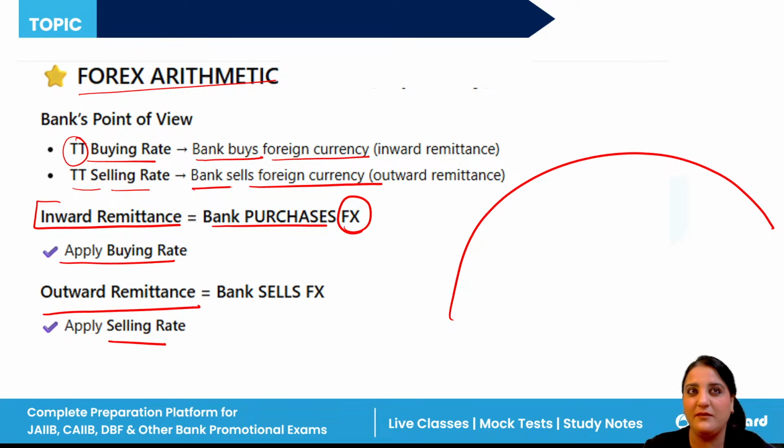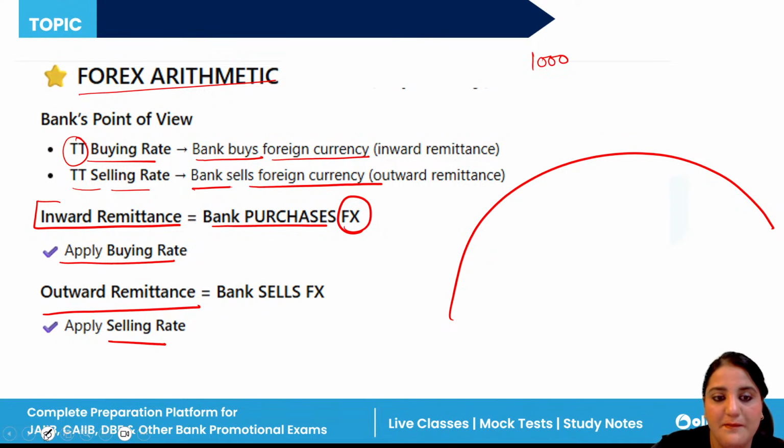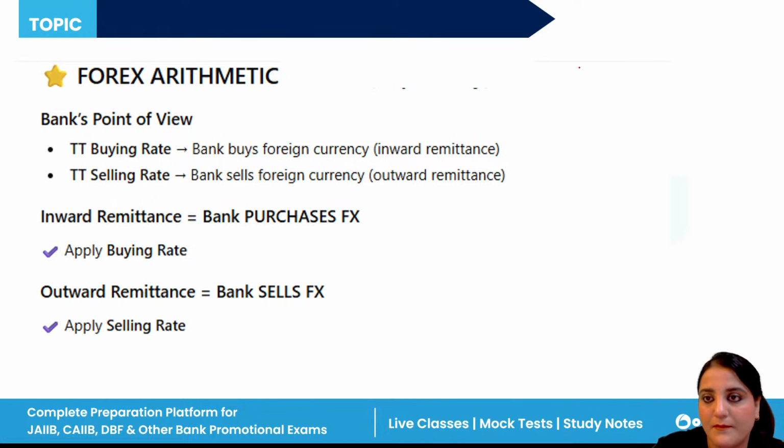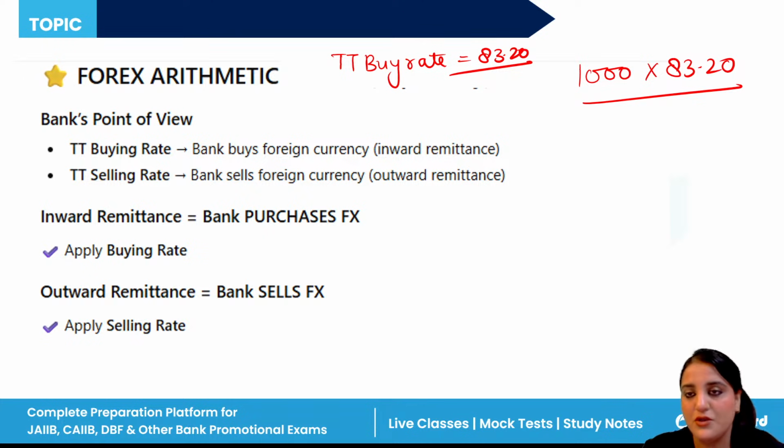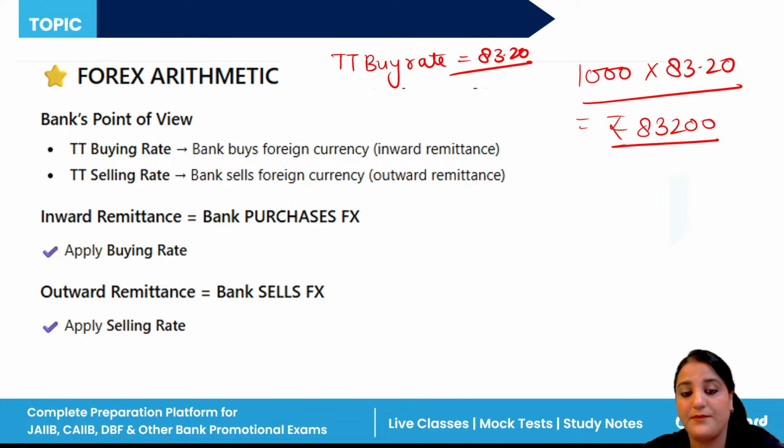Suppose the TT buy rate is 83.20, that means the amount credited is 1000 multiplied by 83.20, which is Rupees 83,200, right?